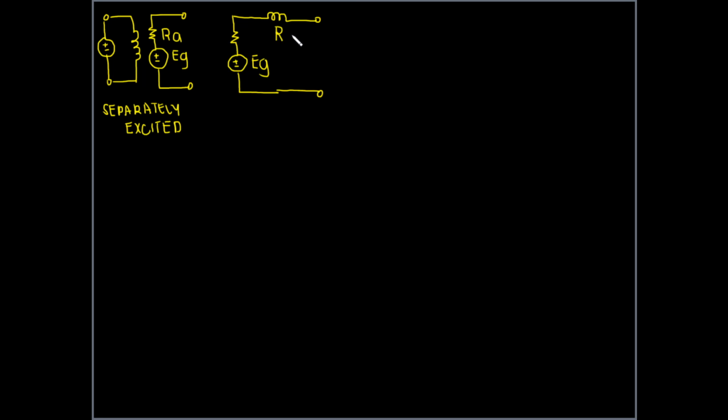Your field, again, it has a resistance, so we will call that RSE. Armature resistance is RA. Remember that if you're going to connect your field in series with your armature, it must be of low resistance. Hence, in construction, again, recalling the series field resistance usually is made up of thick, heavy wires with few turns.